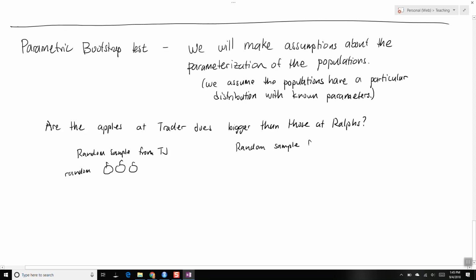Here's your random sample from Ralph's. And then you weigh each of these, right?